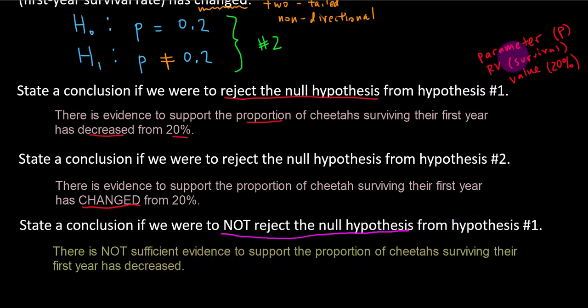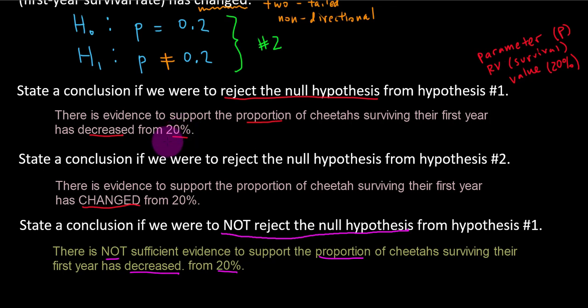Let's look at the elements here that I've included. I mentioned the parameter, which was the proportion again. I mentioned the variable, which was that first year survival, and I've mentioned that value, which was decreased from 20%. But this time, because we are not rejecting the null hypothesis, we do not have evidence for that decrease.